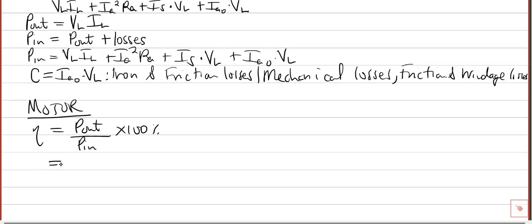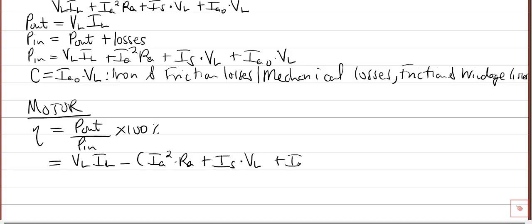The given equation for a motor says VLIL minus IA squared RA plus I shunt VL plus IAO times VL, close bracket, all over VLIL times 100%.